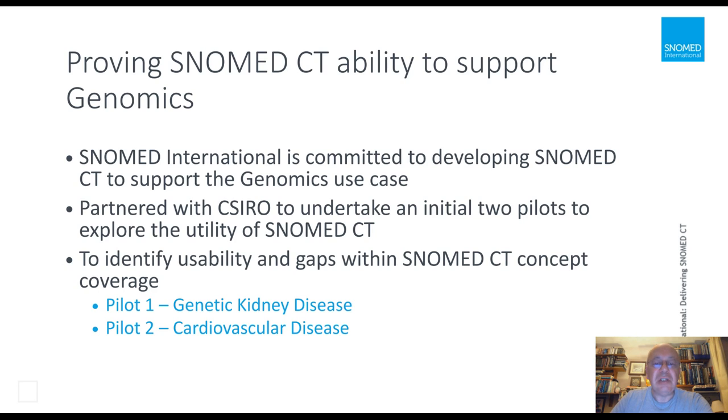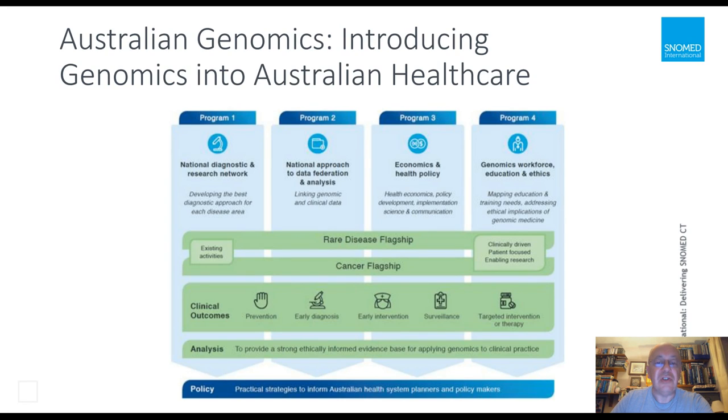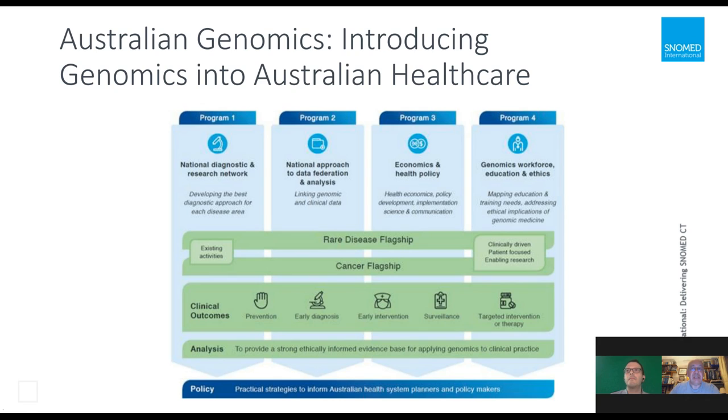We aim to identify usability, but also gaps within SNOMED CT coverage. And we ran two pilots. Pilot one is around genetic kidney disease, which was a smaller scale pilot. And then pilot two is cardiovascular disease, which is a far larger population-based pilot. At this point, I'm going to hand over to Alejandro, my colleague.